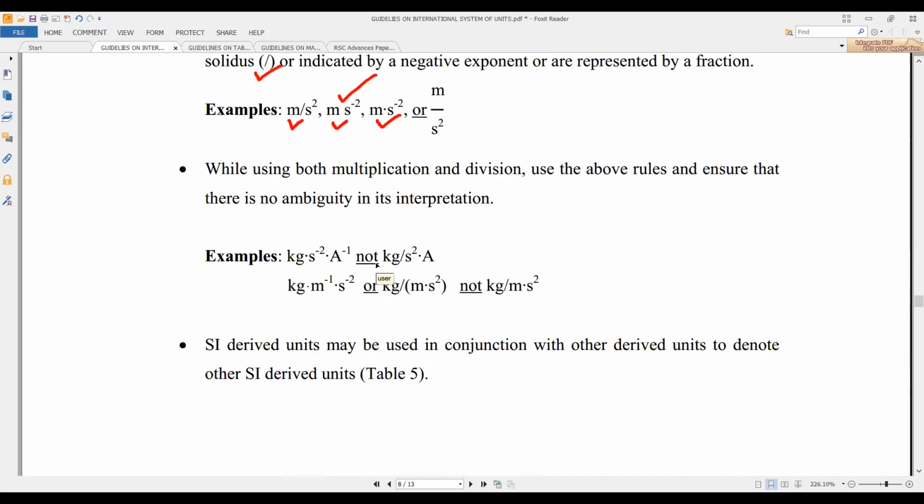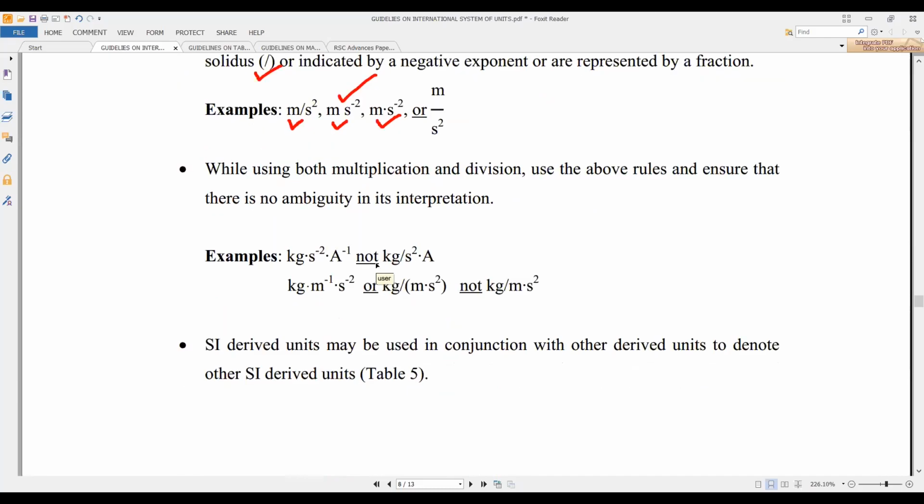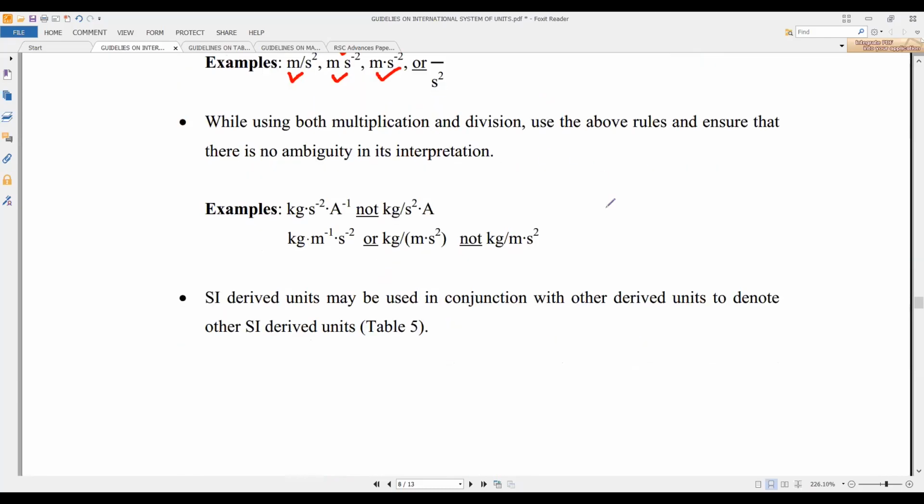While using both multiplication and division, use the above rules and ensure that there is no ambiguity in its interpretation. Right? Like kg into meter to the power minus 1 into second to the power minus 2, and so on.